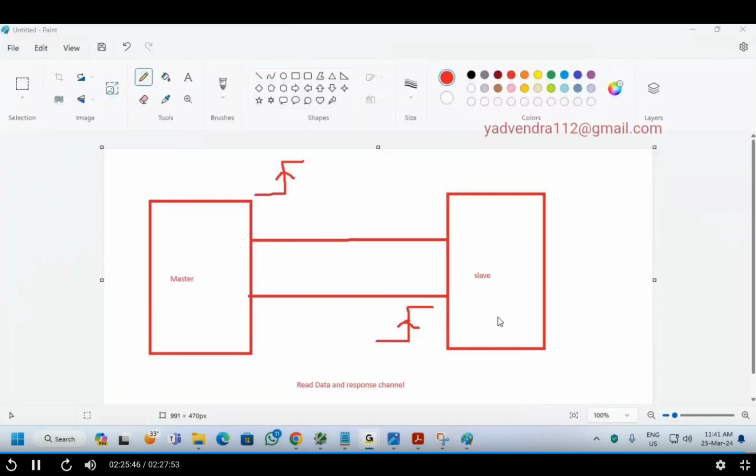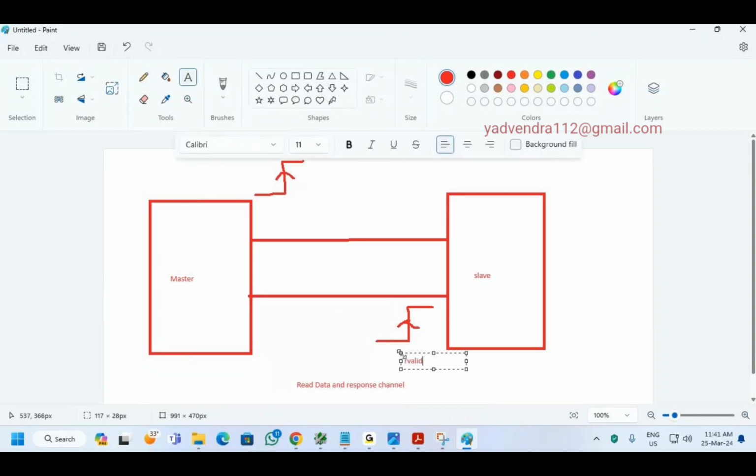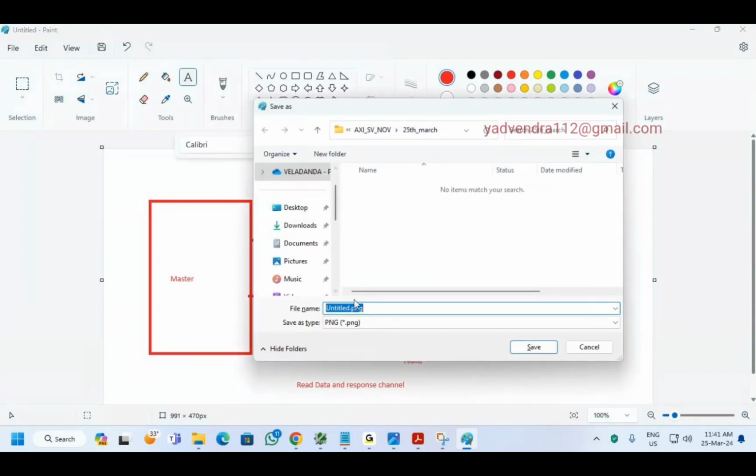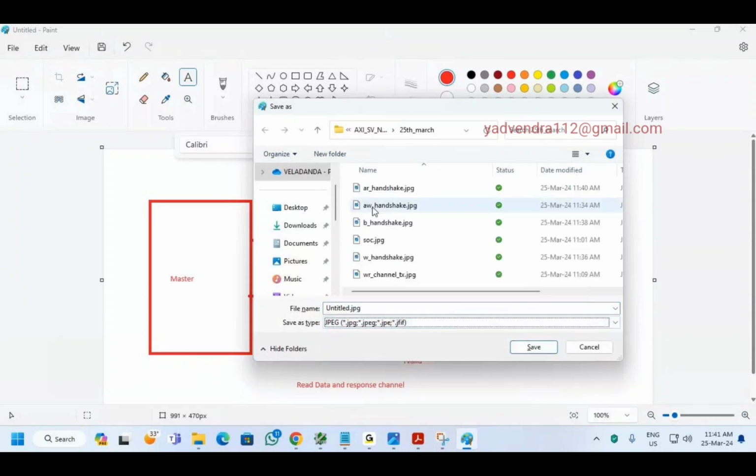Now tell me guys, who will issue what? Master ready, slave valid. Exactly. This is R valid, this is R ready. That's it, done. R handshaking.